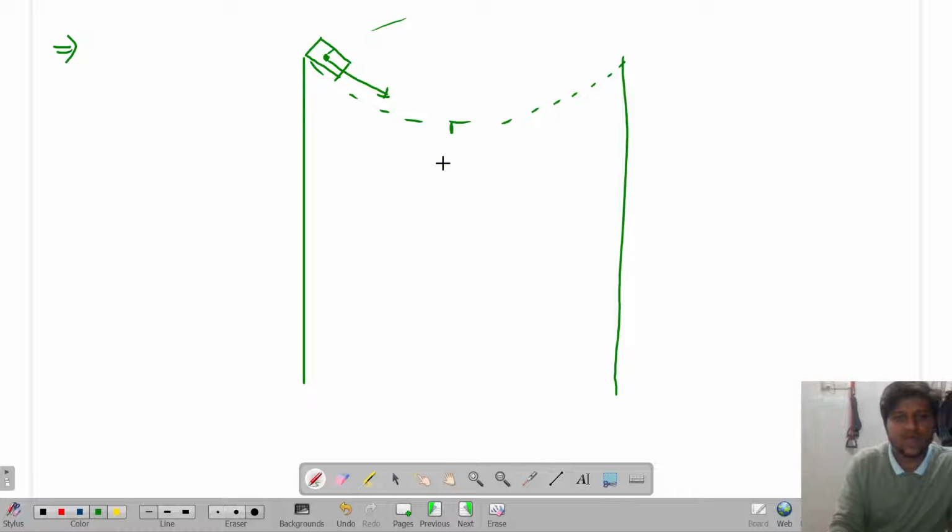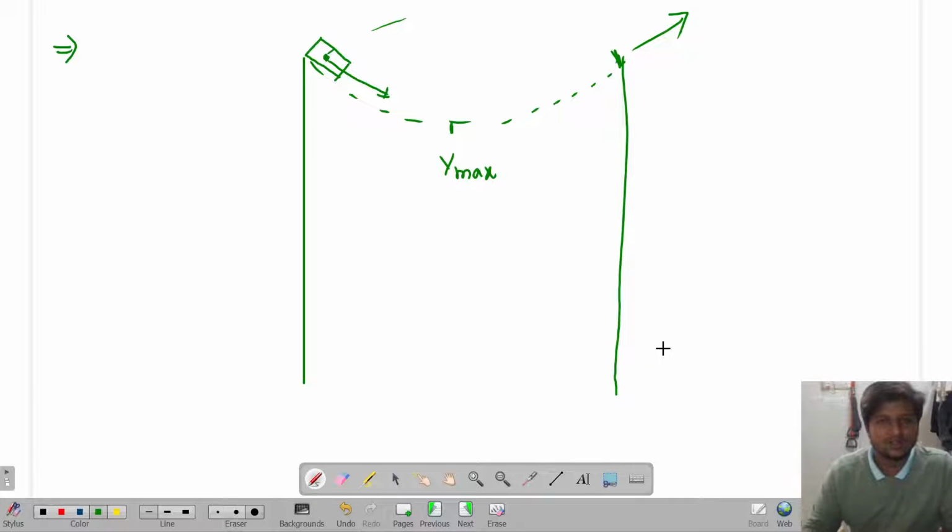At this point it will have a V maximum, but also a brake is applied so as to decrease the rate of the velocity so that it can only go up to this point and then return back. It should not go away from this point. Got it or not? So we throw this boat under gravity so that its maximum velocity increases due to gravity, but we also decrease it. Why do we decrease it? So that it should not go beyond.